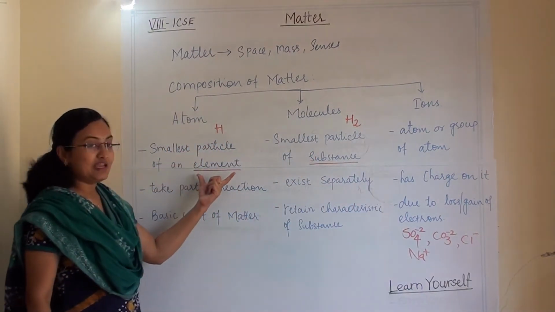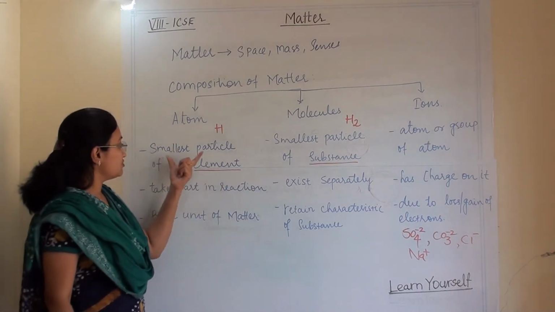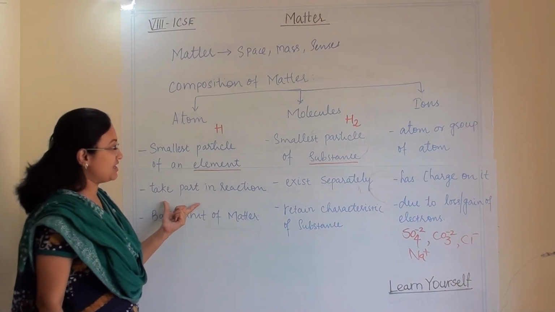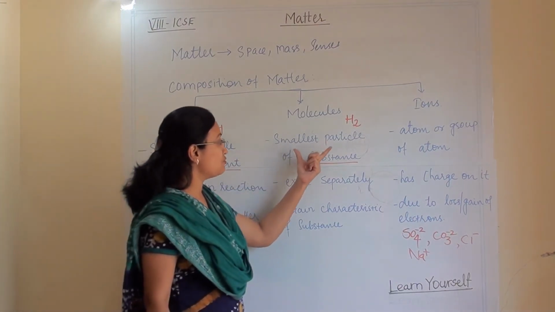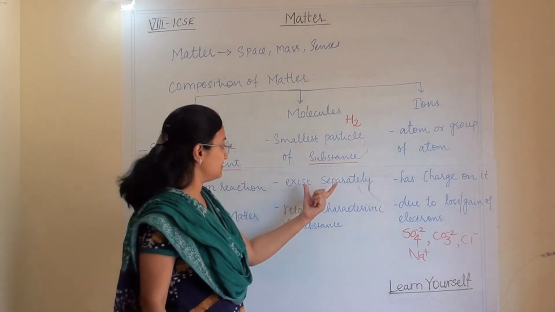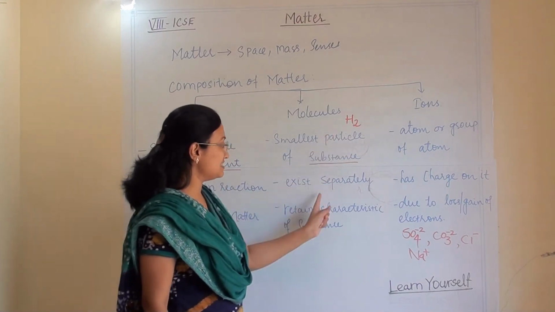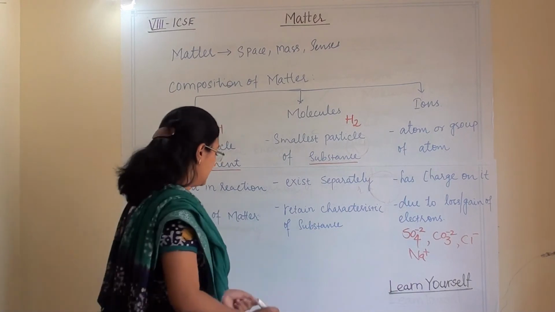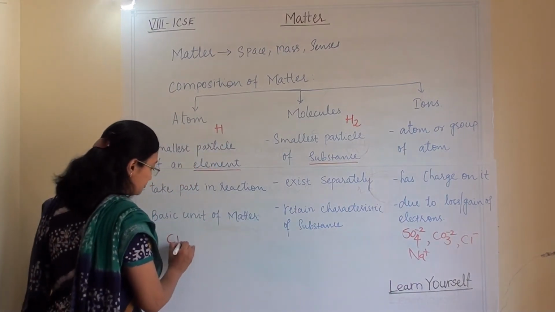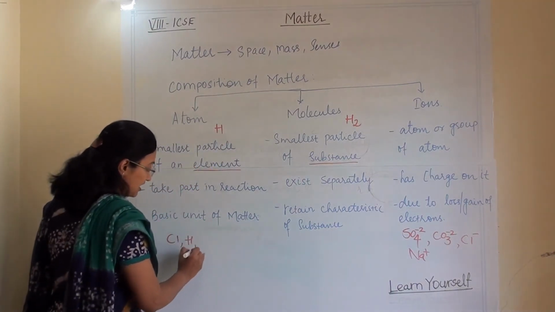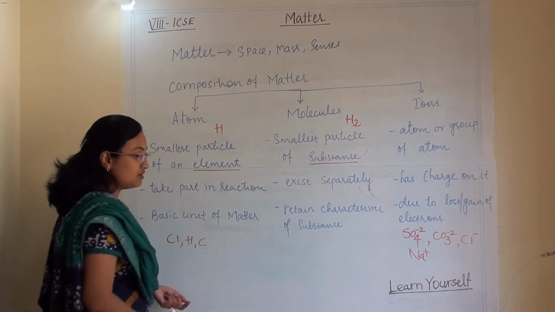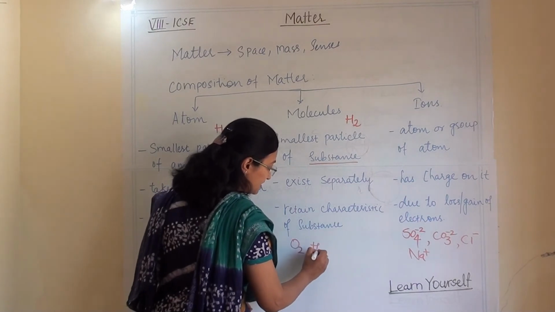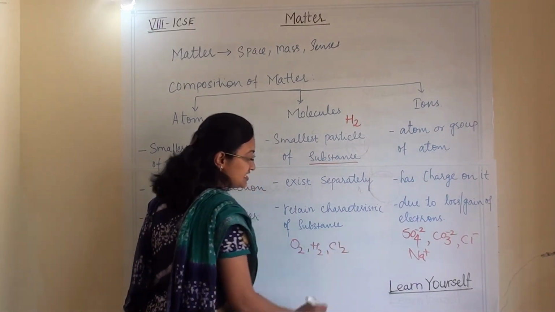Atom: a very basic unit of a substance, the smallest particle of an element, takes part in reactions. Molecules: the smallest particle of a substance, they can exist separately and retain the characteristics of the substance. Here, as examples, you can write Cl, hydrogen, carbon as atoms, where the molecules will be O2, H2, Cl2.